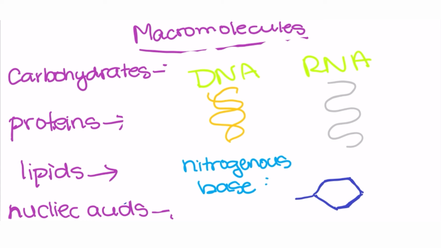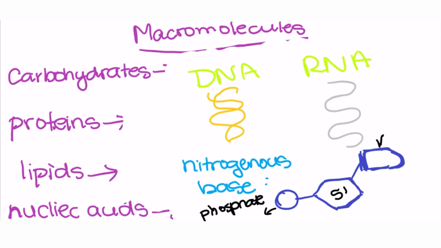They have a phosphate group. And they have the nitrogenous base, which I'm going to be drawing in this unique pattern. This is our 5' sugar, phosphate head, and nitrogenous base. Okay, so this is our monomer for DNA.